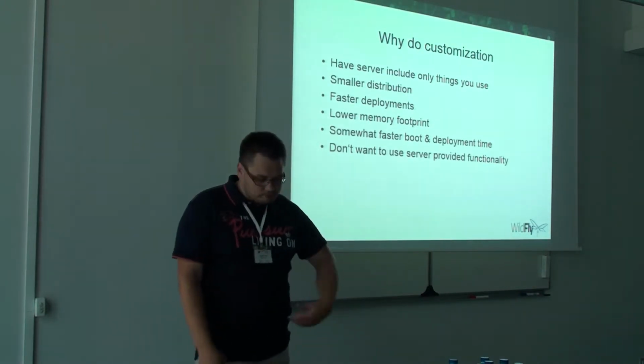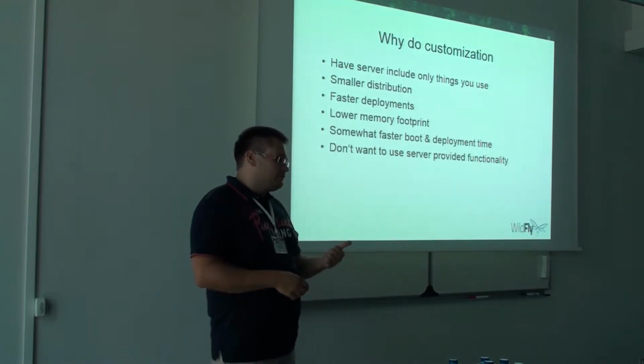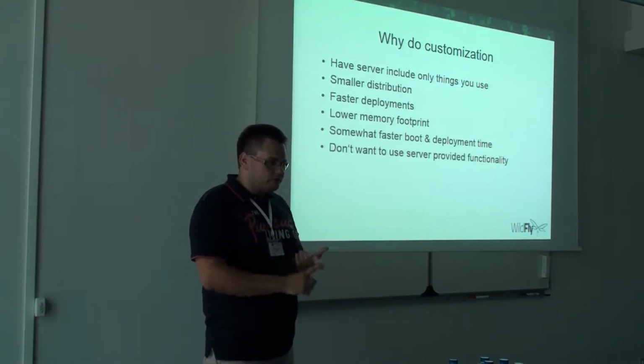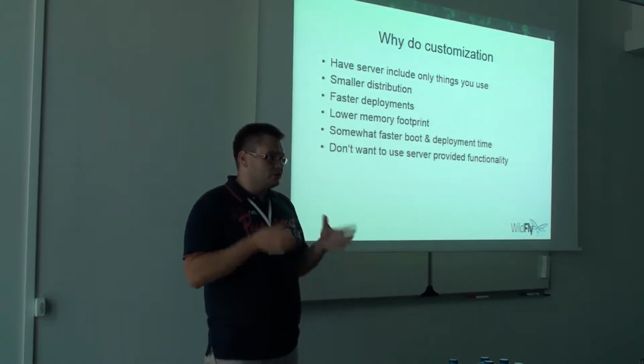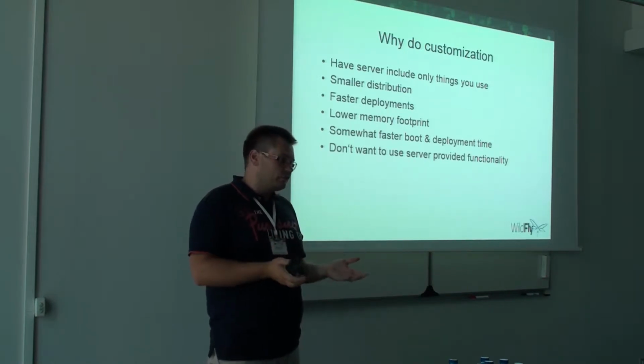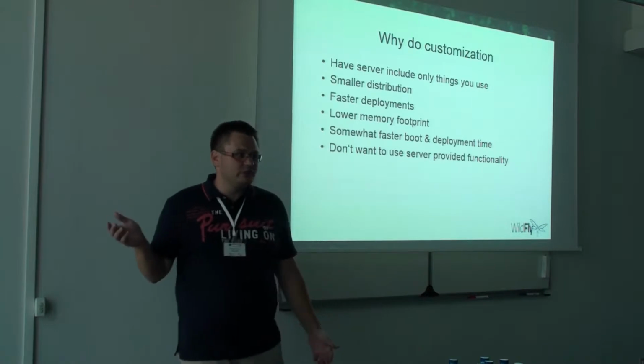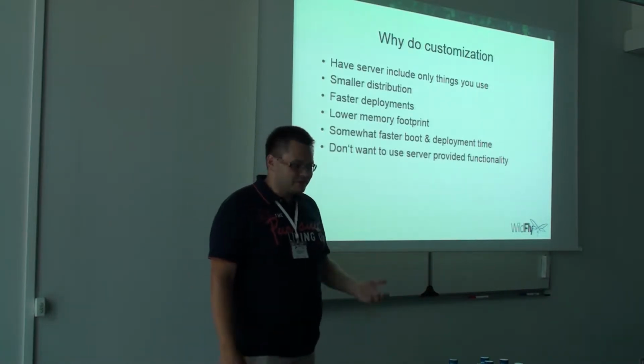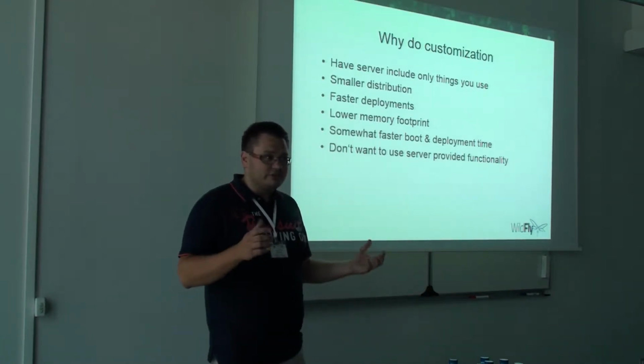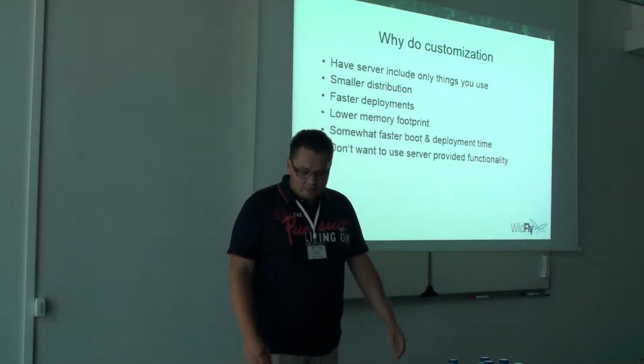If you don't need it, remove it. It gives you a faster deployment, lower memory footprint, and the distribution itself is smaller. So what's better, to copy 30 megabytes of application server or 150 megabytes? I think the smaller is always better, especially if you don't need all the stuff that the big thing provides.